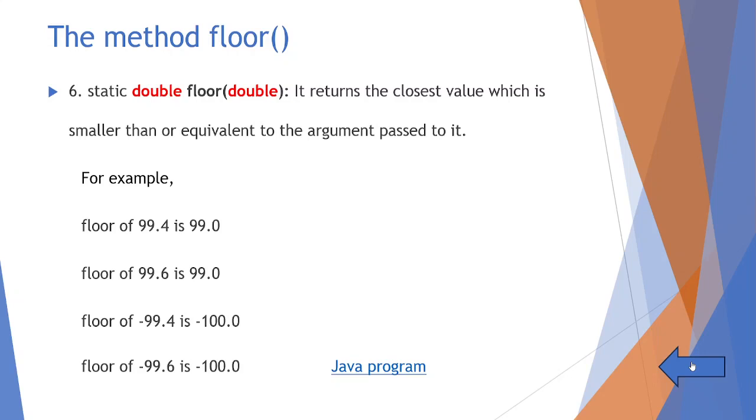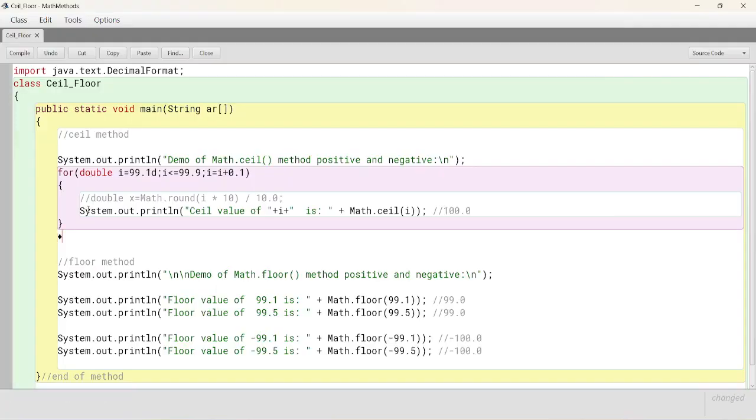Let's see a Java program. See here, we want to use Math.round after some time. I am starting a for loop here. I goes from 99.1 to 99.9, and every time I am adding 0.1. So 99.2, 99.3, 99.4, and so on.